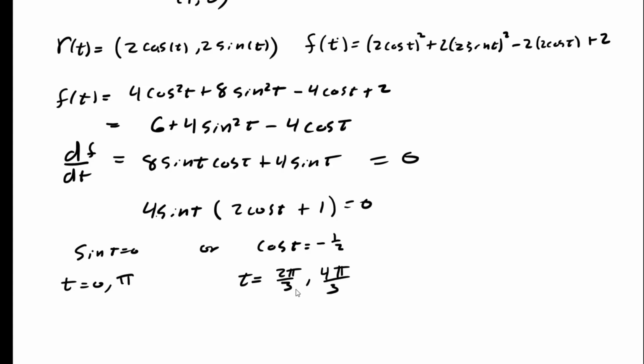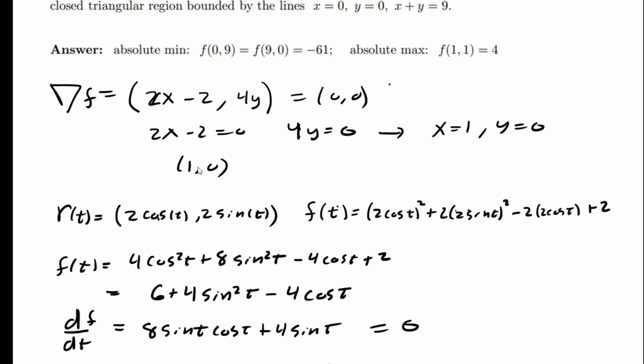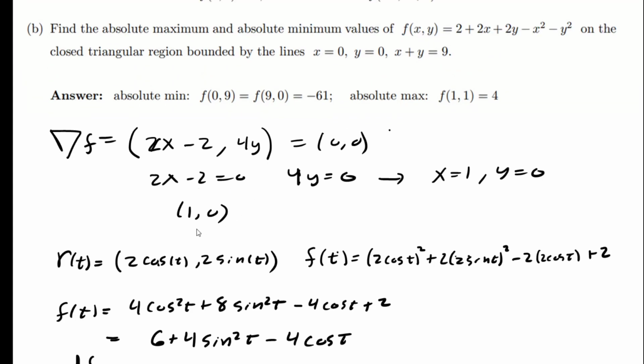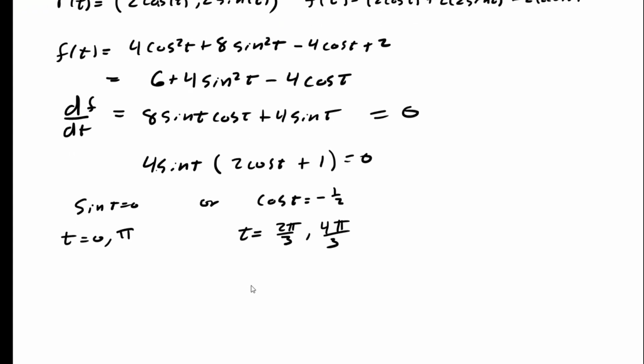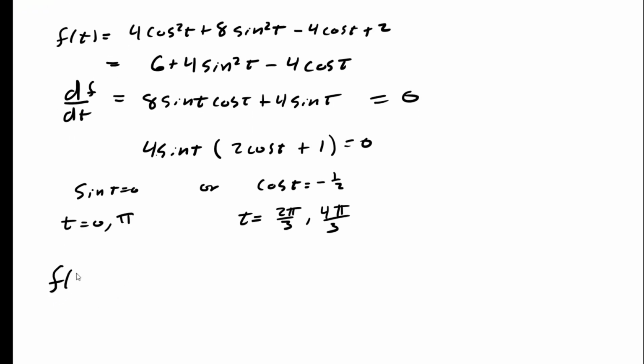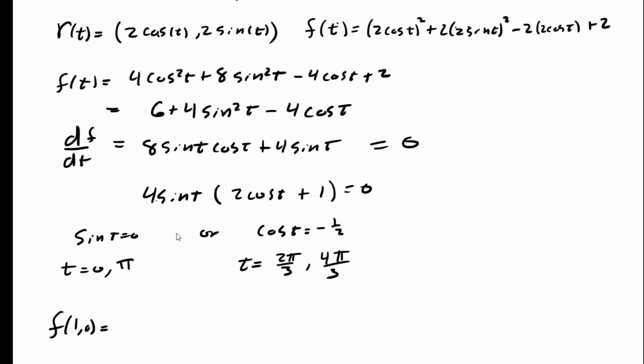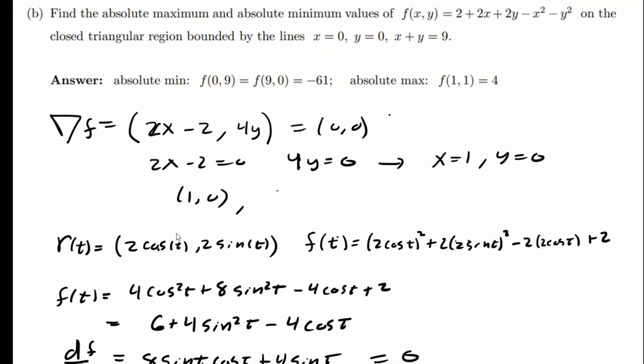Okay, now I need to plug these values of t in to get the actual values and figure out what is the value at (1, 0). I can do that real quick. Let's just do this down here. f of (1, 0). I should copy this function.